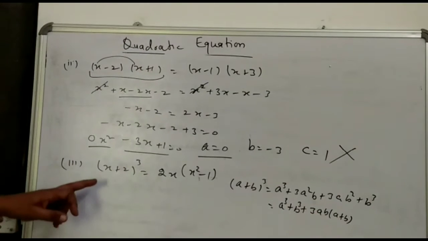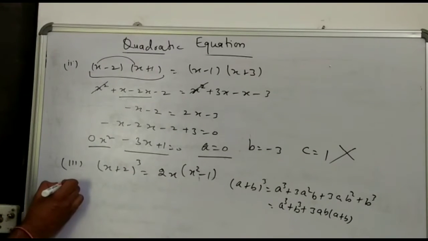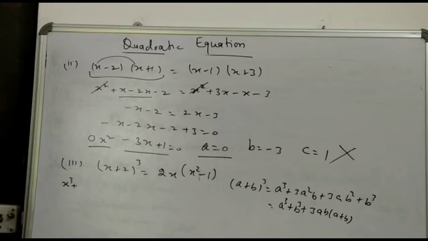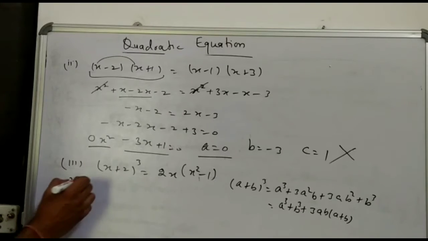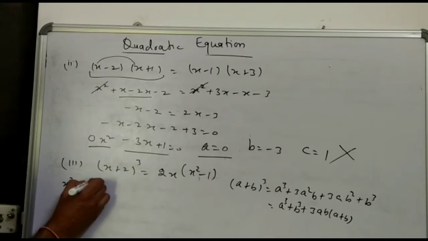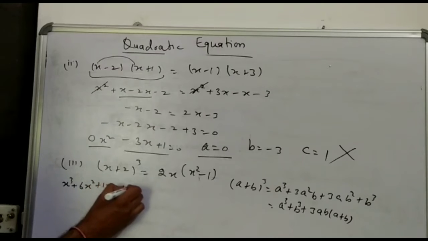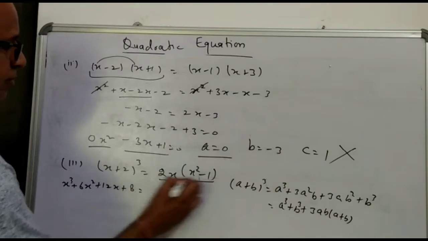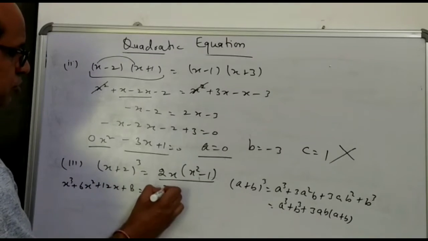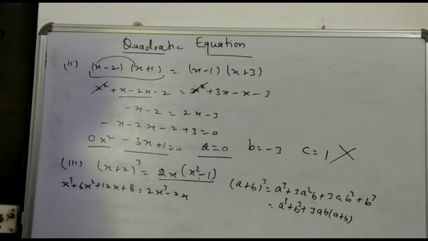So in this way, if I open the first part, directly I am writing x cube plus 6x square plus 12x plus 8, and if you multiply 2x cube minus 2x.